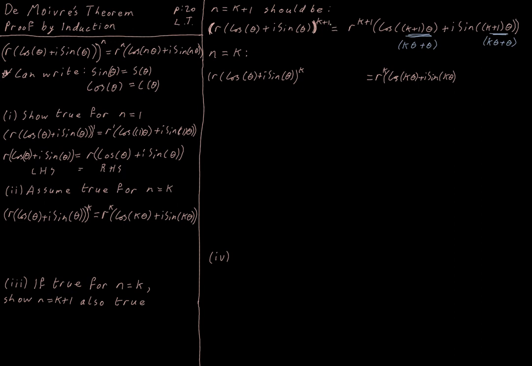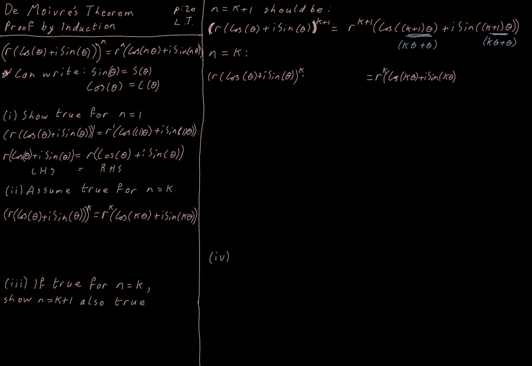If I am adding the indices, I was multiplying these brackets together. So I have k of these brackets multiplied together times 1 of these brackets multiplied together. Well, I've already got k of these brackets multiplied together on the left-hand side. So how would I get the same left-hand side as I'm aiming for?